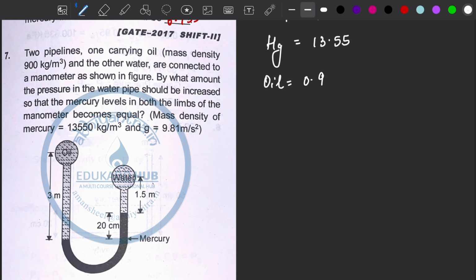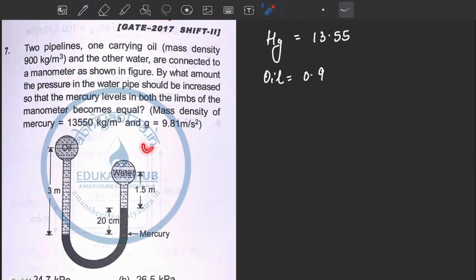So in this condition, let's calculate the pressure difference. Let's say that this is pressure A and this is pressure B.